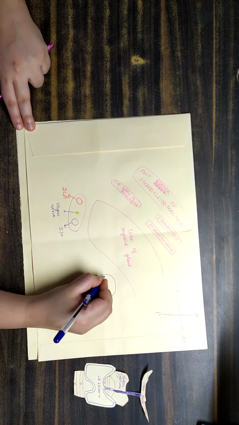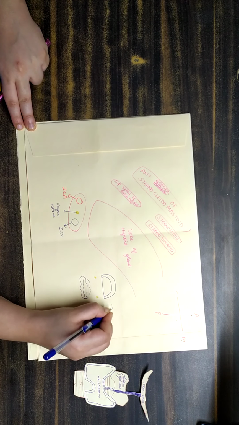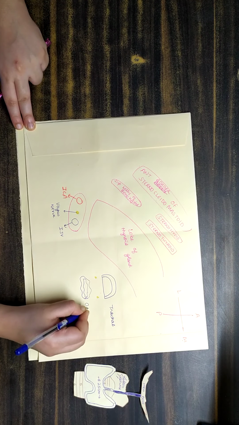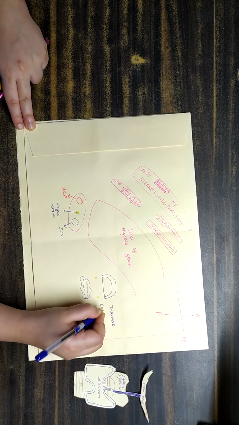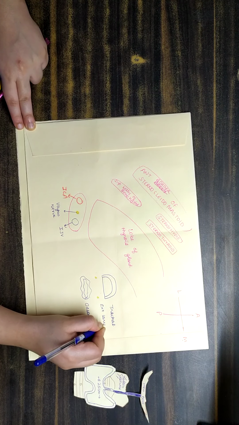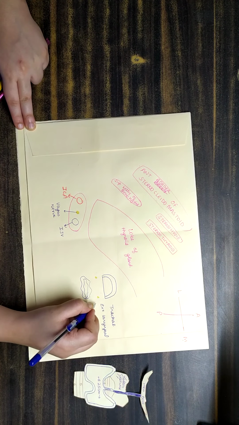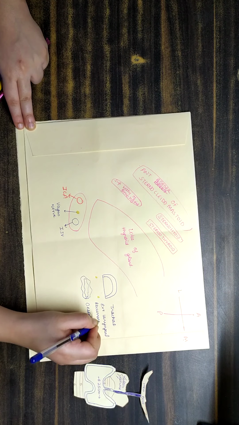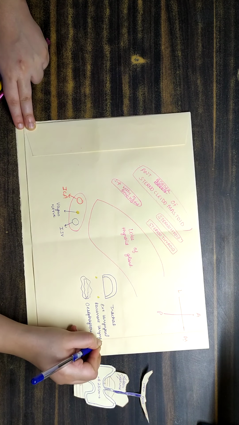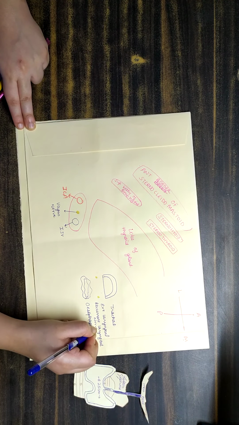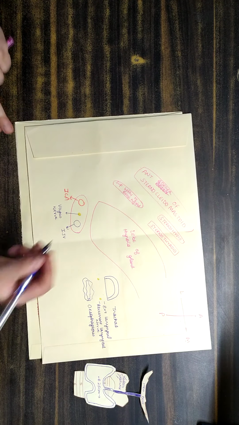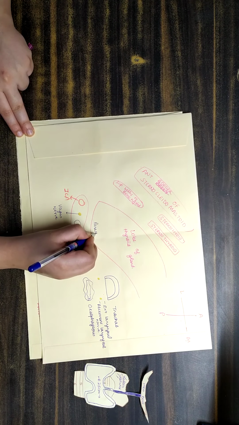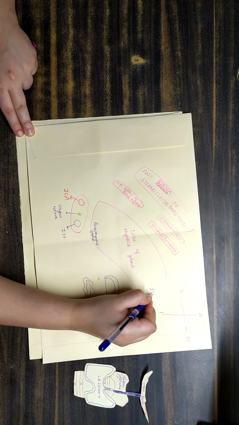So this is my trachea, this is the esophagus, this is the external laryngeal nerve and the recurrent laryngeal nerve. These are the two important structures in the medial aspect of the thyroid gland. Here you will have the parathyroid gland. And this is going to extend to form the isthmus.